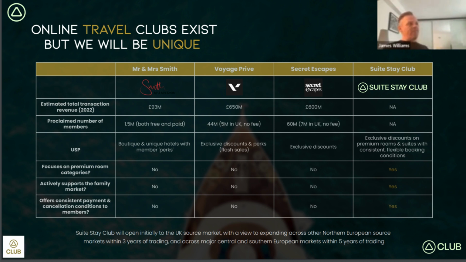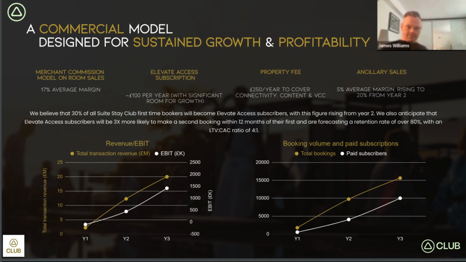I think it's another minefield that we've created for consumers, the complexity of conditions that go with room sales. So one of the things that we'll be promoting and actively contracting with our partners is a more consistent approach towards the terms that we offer customers and the terms on which we work with our partners, to simplify that whole customer and supplier journey. Next slide, please.